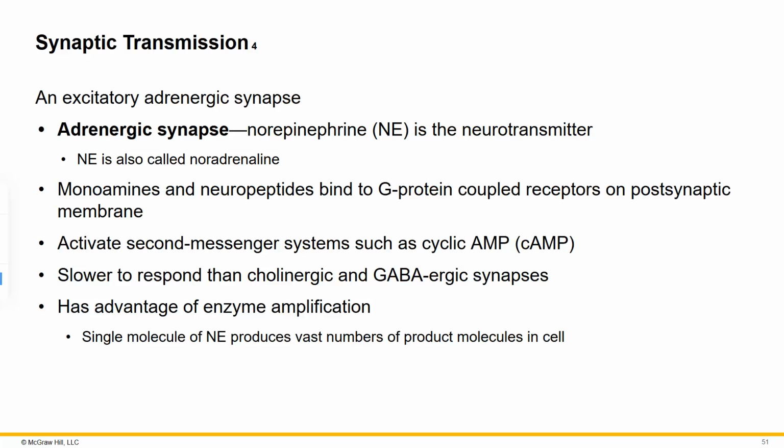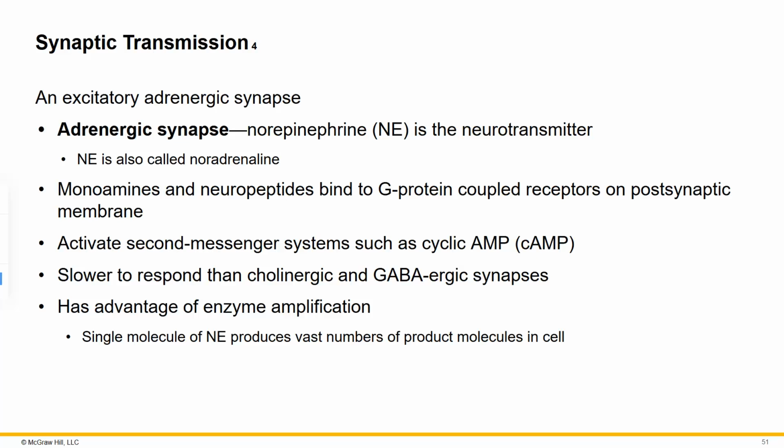Adrenergic: norepinephrine is the neurotransmitter. Norepinephrine is also called noradrenaline. Monoamines and neuropeptides bind to G protein-coupled receptors on the postsynaptic membrane. It activates a second messenger system, such as cyclic AMP, or cAMP.